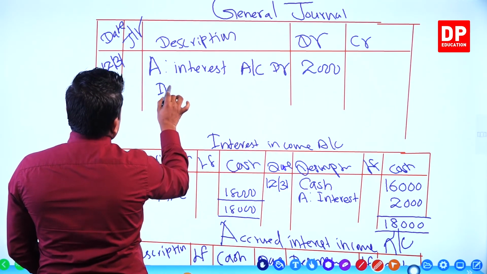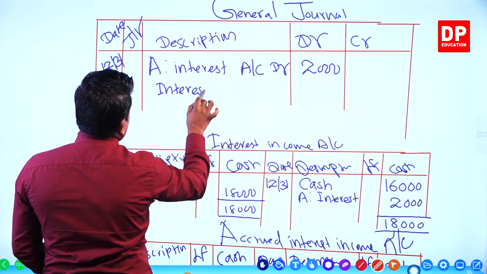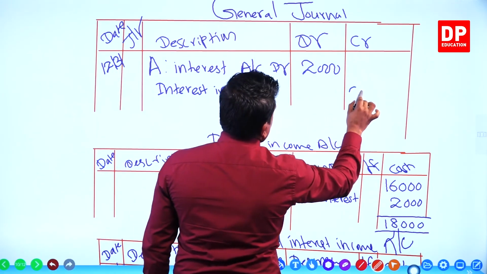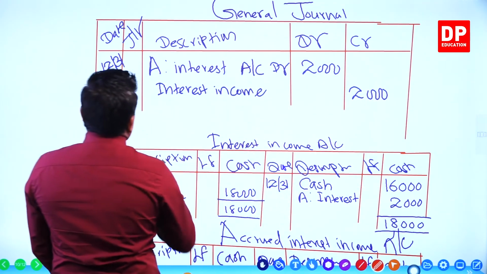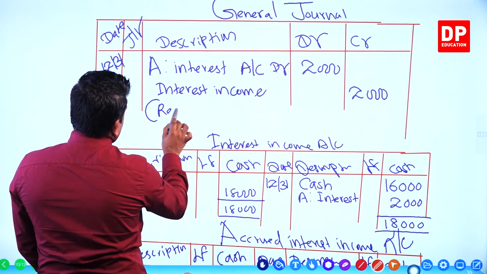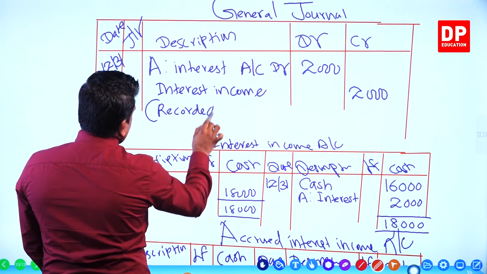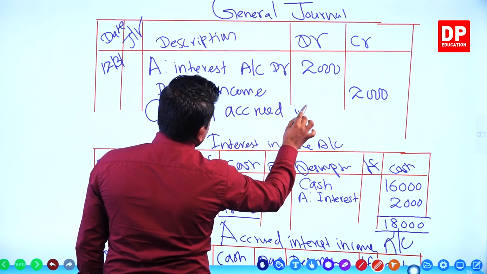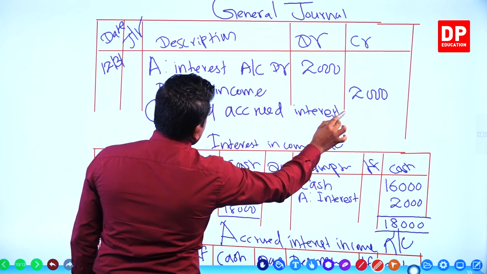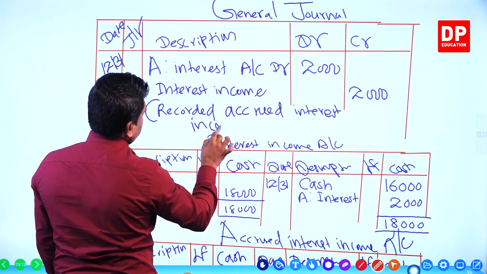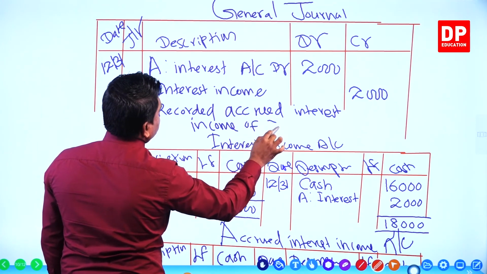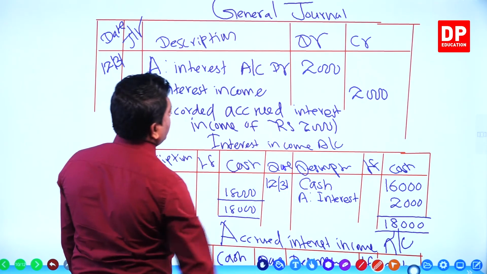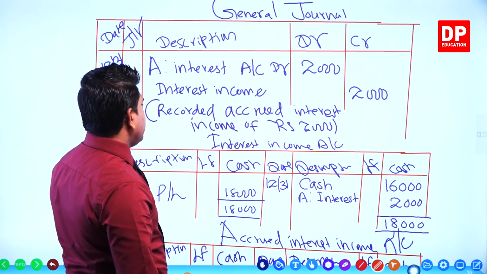Interest income credit 2,000. Narration you write: recorded accrued interest income of 2,000. I think you can see clearly, right?